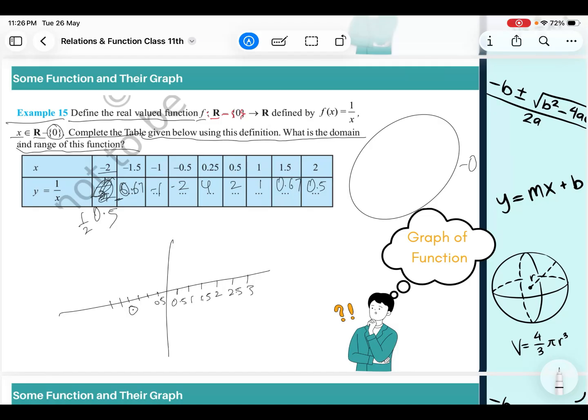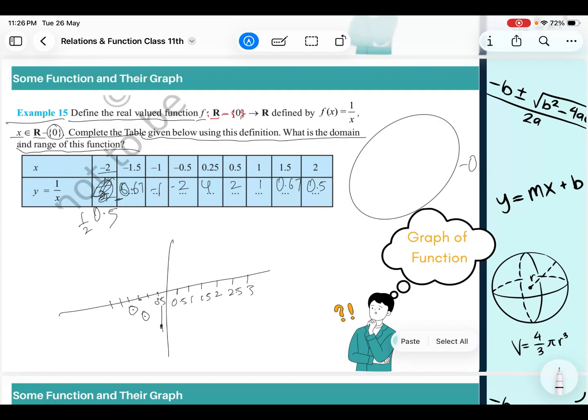Okay, then x is minus 1.5, and y will be minus 0.67. So this is 1.5, and it will be somewhere here. Okay, then we have minus 1, and this is here. Then we have minus 0.5 and minus 2, so it will be somewhere here.